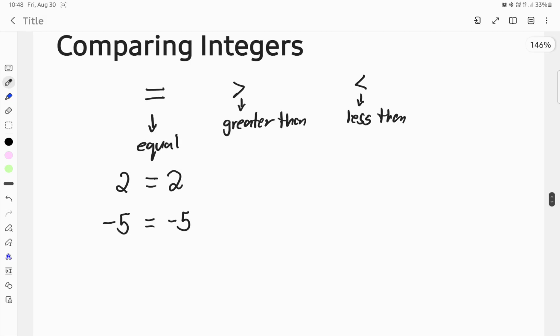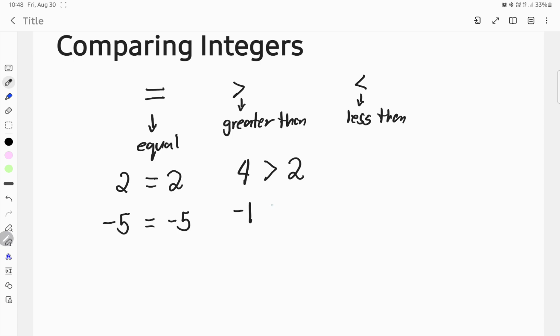Now, let's go to the other sense, which is greater than. When you say greater than, it means they have a greater value. For example, in the first case, if you're comparing two positive integers such as 4 and 2, 4 is on the right side. When you visualize that on the number line, we could say that 4 is greater than 2. When comparing two negative numbers, the one on the right side of the number line is greater.